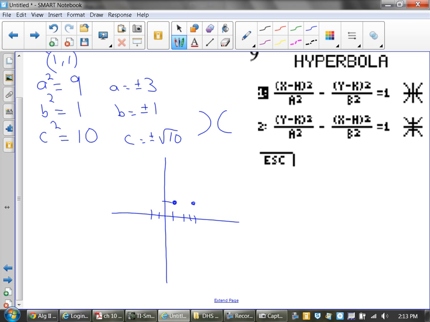That gives me vertices at 4, 1 and negative 2, 1. Covertices, therefore, go up and down. The B value here was 1, so I add 1 and subtract 1.